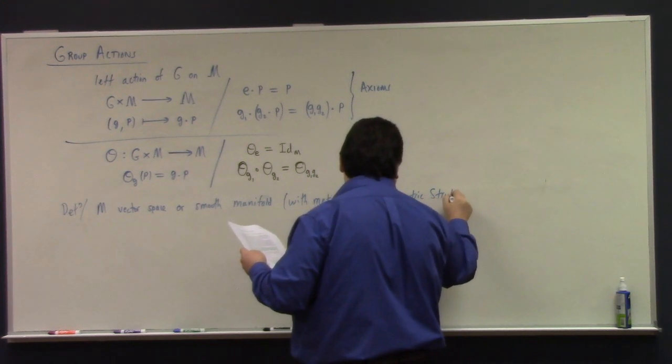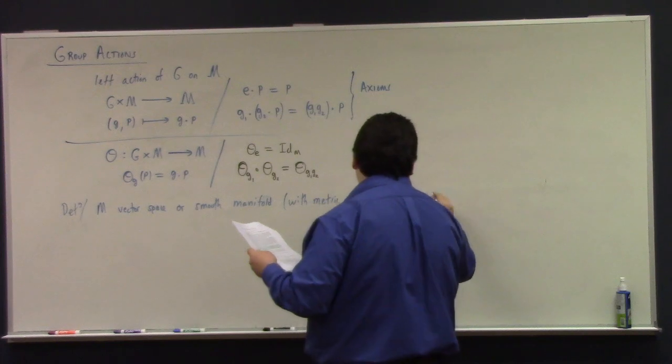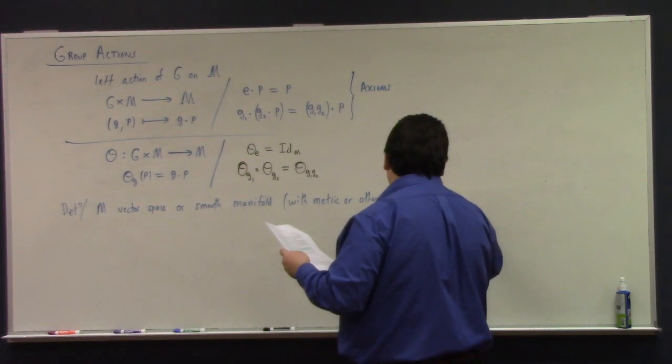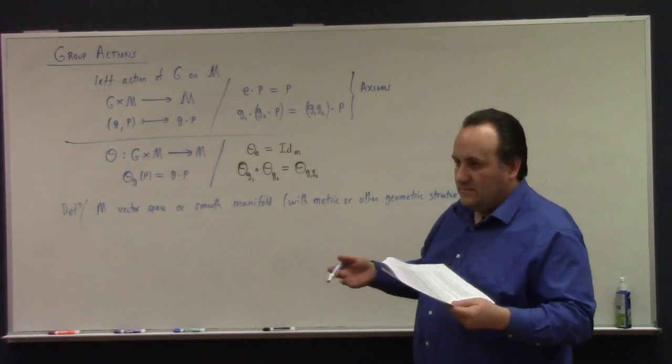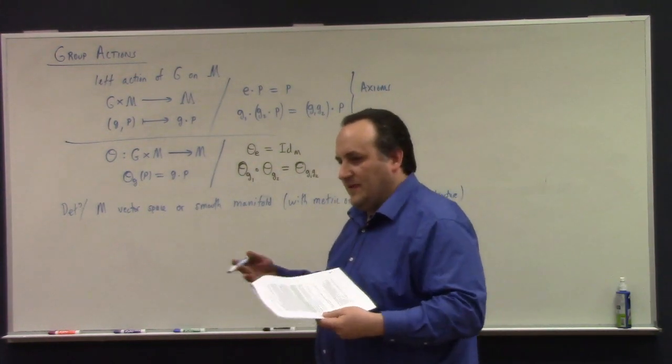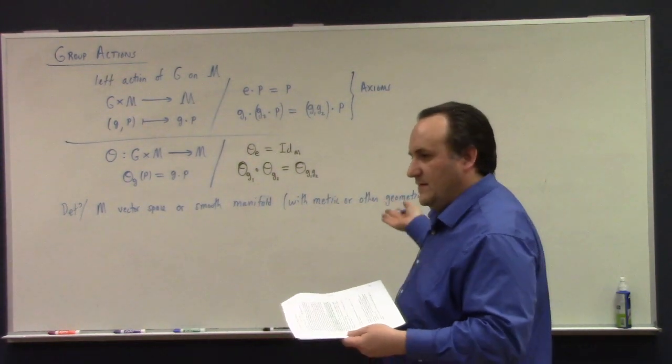Okay? So if you have a smooth manifold, and in addition you have some kind of object on it which measures, like, distance between points or something else, this could be a geometric structure on the manifold.